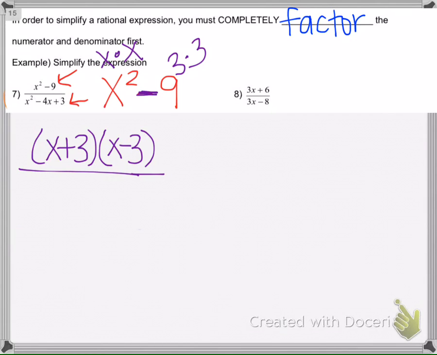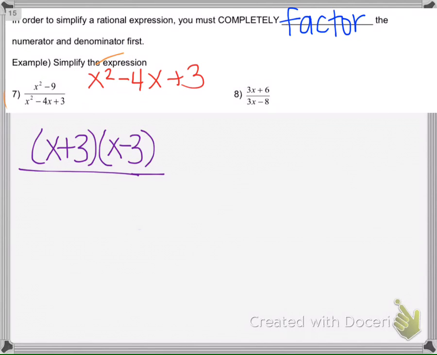Now we're going to take the denominator, and we need to think of what multiplies to 3 and adds to -4. So we could have x and x, and then 3 times 1 makes 3, but -3 times -1 would make this -4 when we add them.